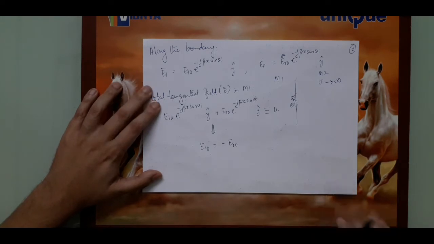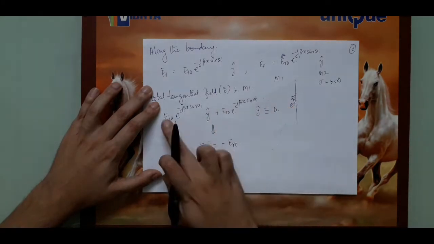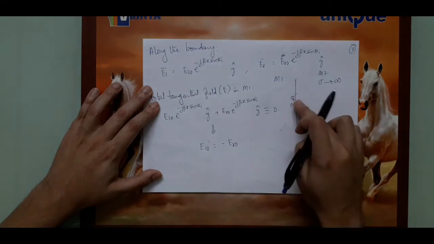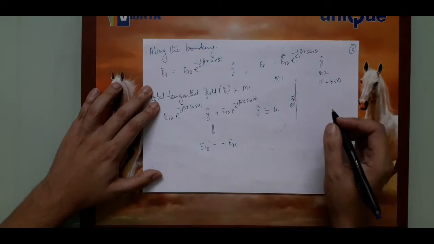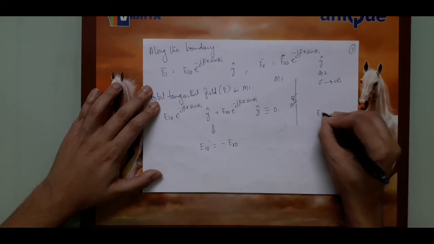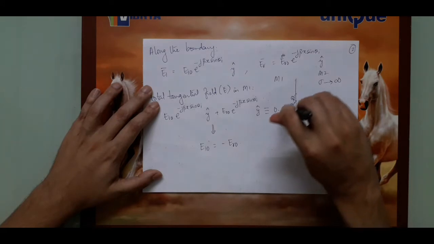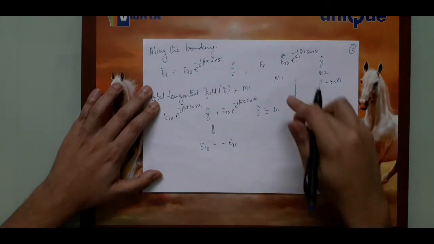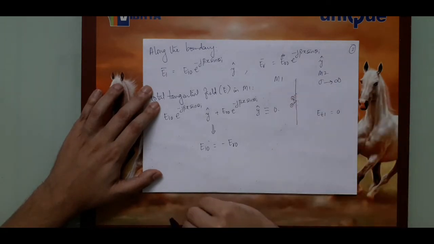So this means for this sum to be equal to 0, the two coefficients or the magnitudes, the fields at the boundary, they must be cancelling out each other. So that is what we mean by the tangential component on media 1 being equal to 0. If a wave strikes a metal, an equal and opposite field will be generated, which makes the boundary field as 0.